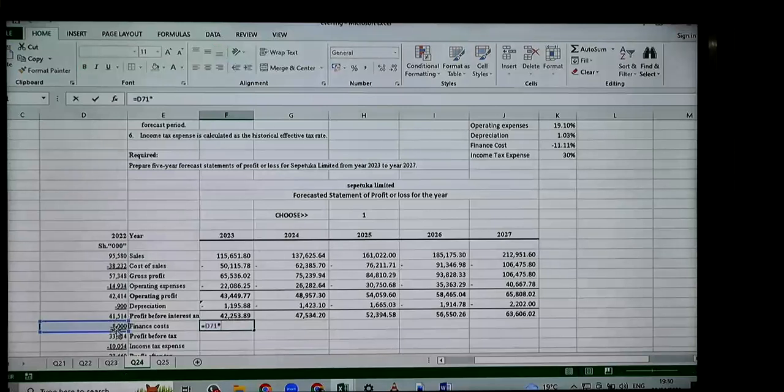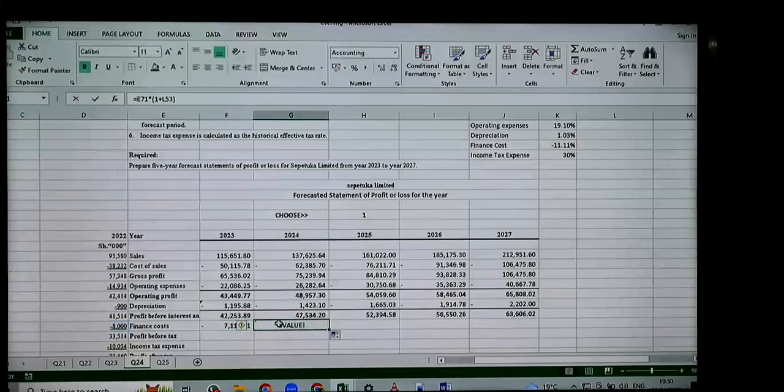We multiply by, you open your brackets, 1. Because this one is minus, I'll do plus this one here. Then I close my bracket, enter. Then I'll do 2 decimal places. Here I cannot drag, because if I drag, it will be 0, no value, because there is no value here.